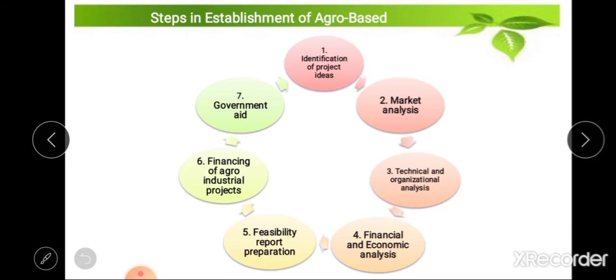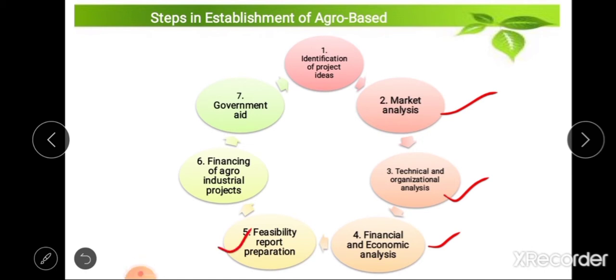So there are 7 major steps. The first step is identification of project idea. Second step is market analysis. Third step is technical and organizational analysis. Fourth is financial and economic analysis. Fifth is feasibility report preparation.